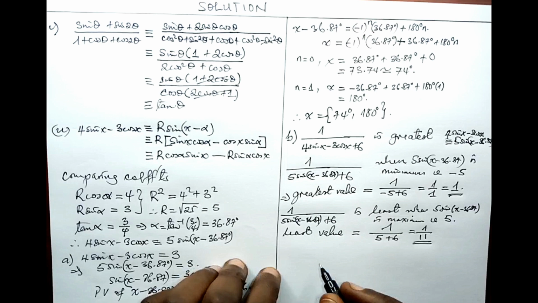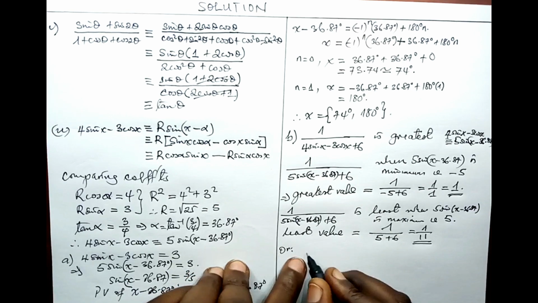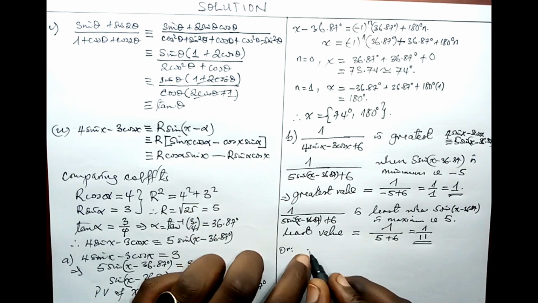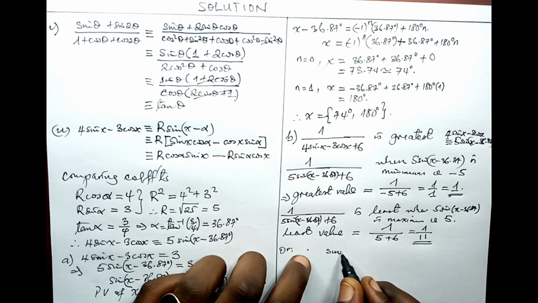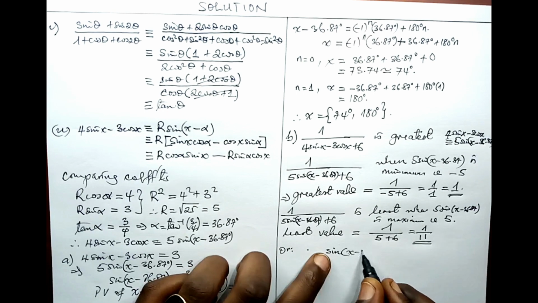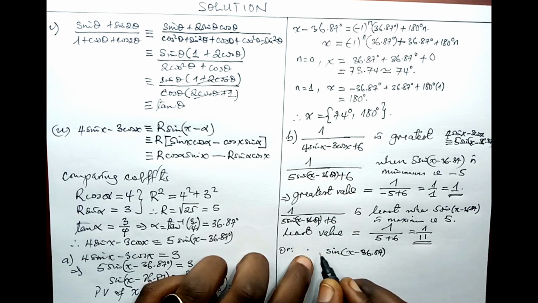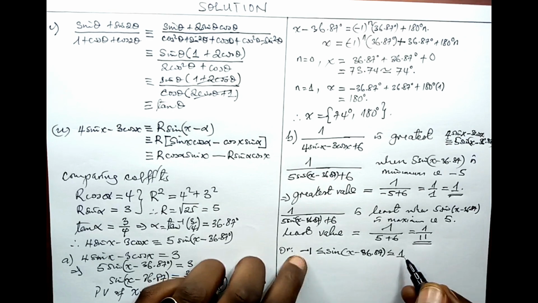The other method involves starting with the fact that sine x minus 36.87 lies between negative 1 and 1.